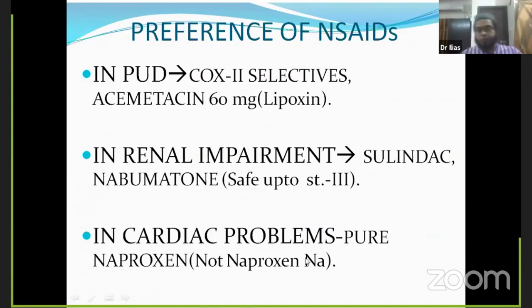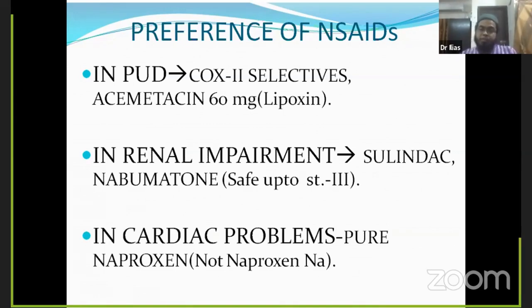And in cardiac problems, say a patient has a previous history of heart failure, a previous history of unstable angina, muscle weakness of the heart, or cardiomyopathy. In this case, all kinds of NSAIDs should be avoided, except pure naproxen, not naproxen sodium. There are two types of naproxen: number one is pure naproxen without sodium, and the other is naproxen sodium.